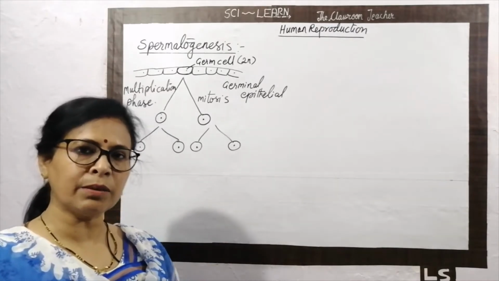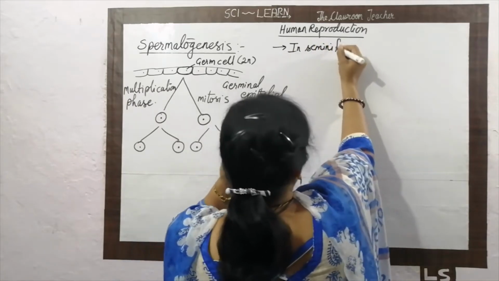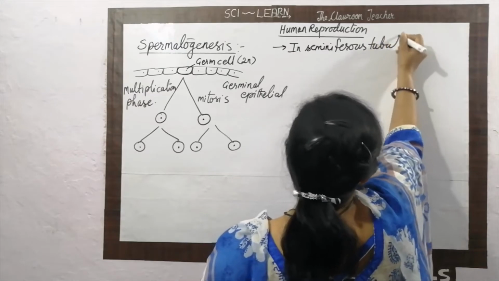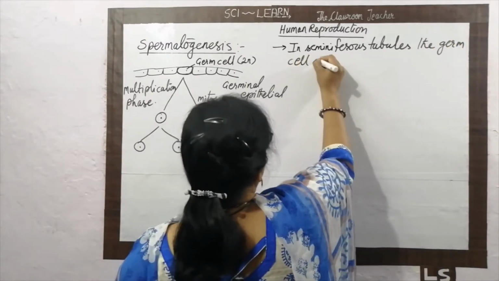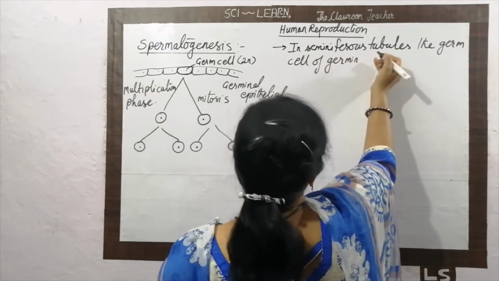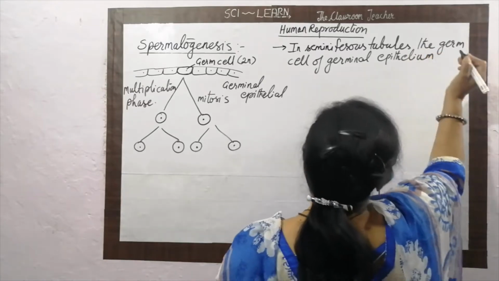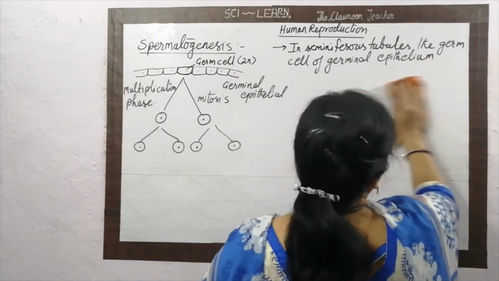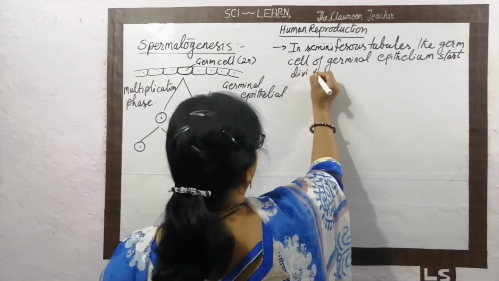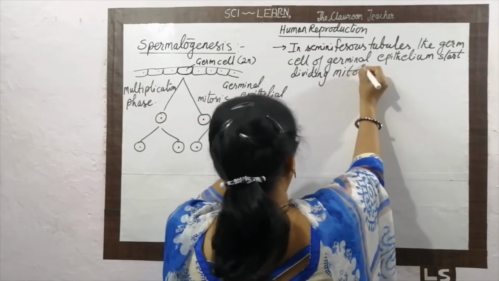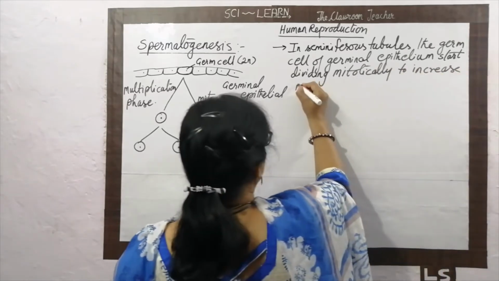And what is present in the seminiferous tubule? In seminiferous tubules, the germ cells of the germinal epithelium start dividing mitotically to increase the number of cells.